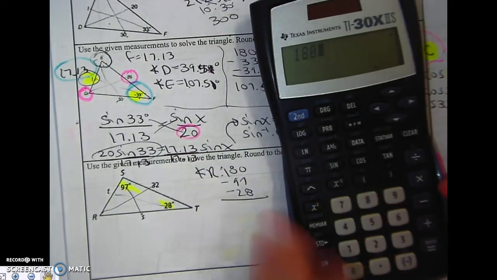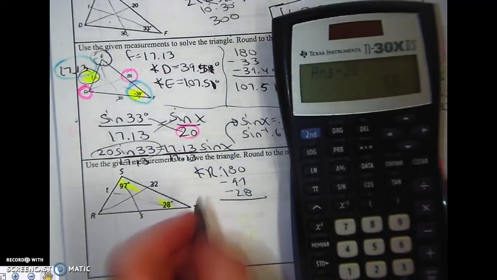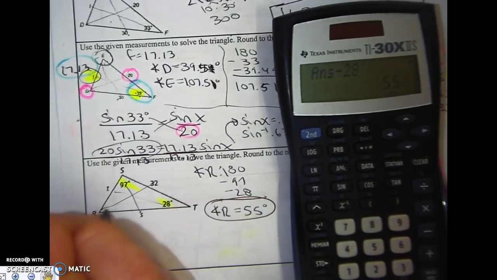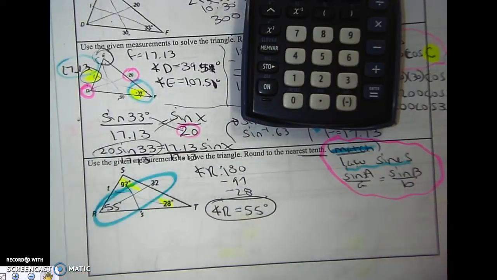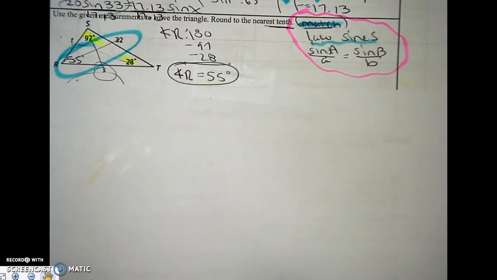So I'll go 180 minus 97 minus 28. 55 degrees. So angle R equals 55 degrees. So that's 55. And as soon as I see the 55, boom, I have a match. So I want to show you, it's going to be a weird stop, sorry about that.